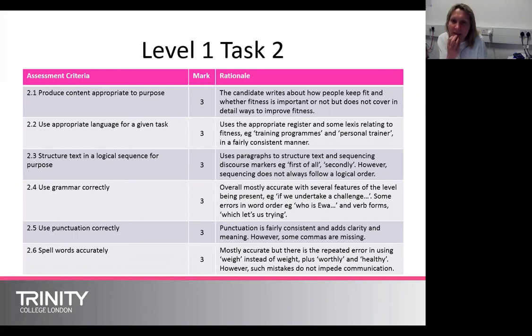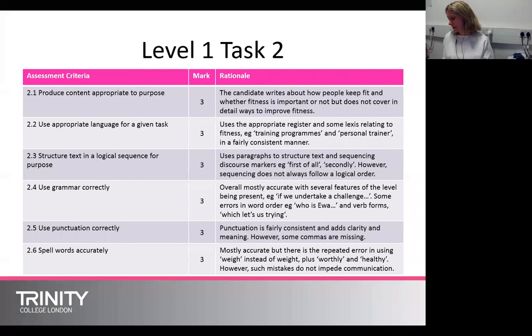So in this case, it is mostly accurate with several features of level 1 key items. There are some conditionals there, but there are some errors in word order, and there are some errors with verb forms. So although the candidate is using a good range of features of the amplification, these are not used consistently.